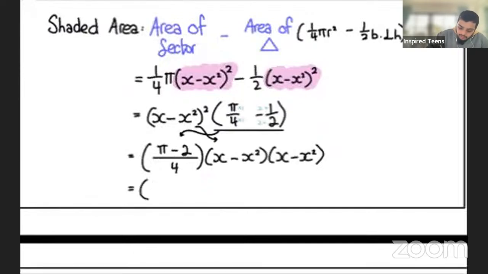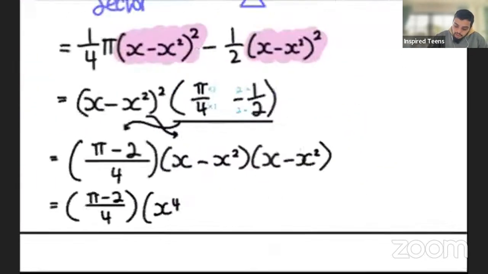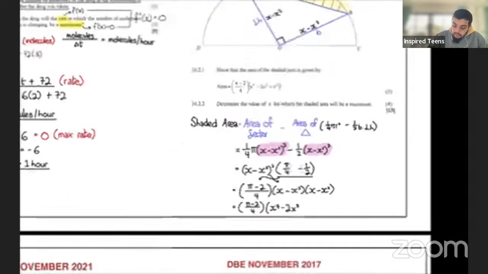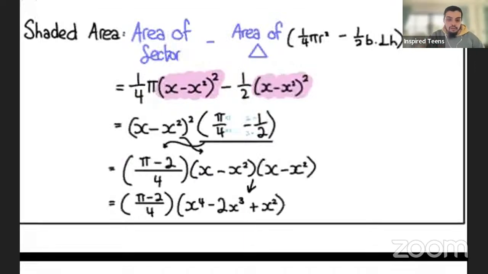So this becomes pi minus 2 over 4, and this becomes x to the power of 4 minus 2x cubed plus x squared. If you want, you can FOIL it out yourself, and you'll see you get this exact thing when simplified and rearranged.